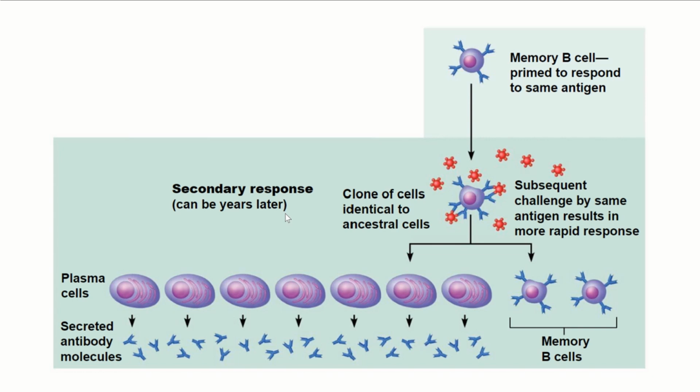So we can remember these antigens years down the line because memory B cells are constantly checking to see if an antibody they know how to make is present on an antigen, or present on a pathogen, I should say.